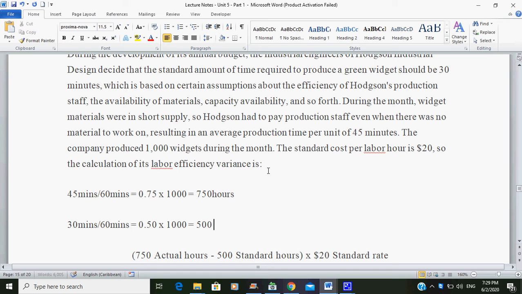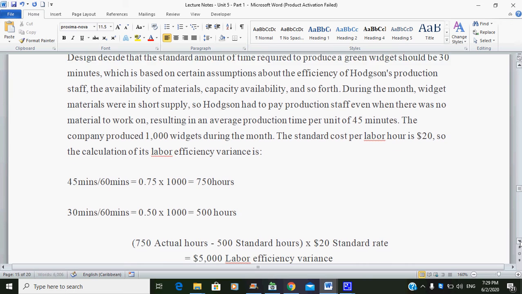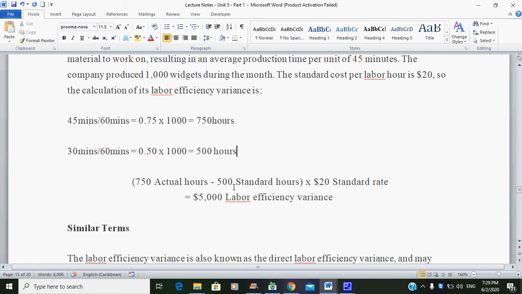Selling variance overview. The selling variance is the difference between the actual and expected revenue that is caused by a change in the price of a product or service. The formula is actual price minus budgeted price times actual unit sales, which is equal to selling price variance.